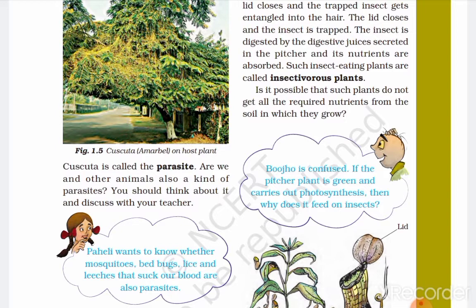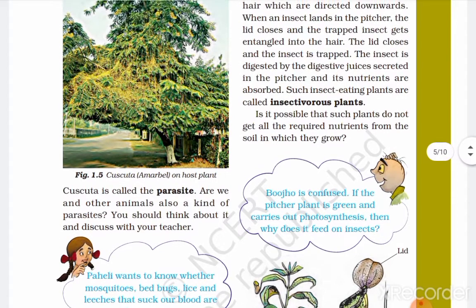Like there are some bacteria in the soil like rhizobium which help to convert the atmospheric nitrogen to usable nitrogenous substances which are absorbed by the plants.